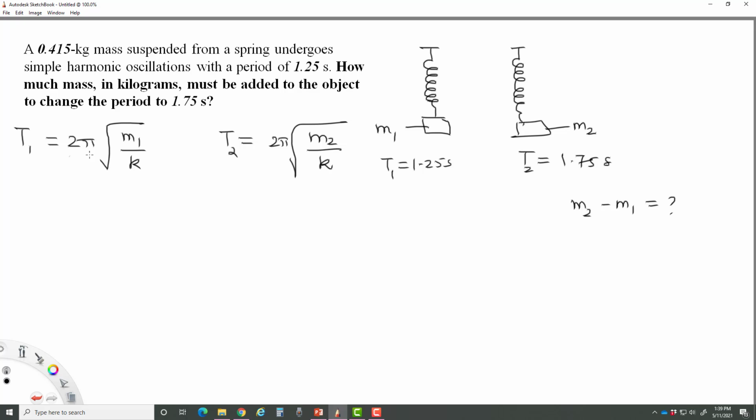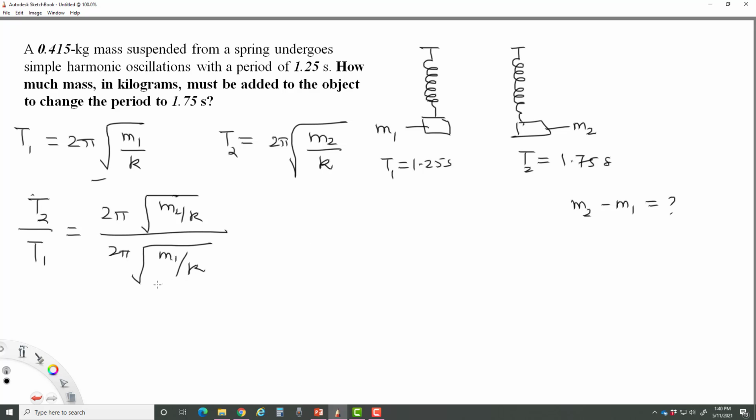We want to find m2, so let's divide the second equation by the first equation. So T2 over T1 is equal to 2 pi square root of m2 over k, over 2 pi square root of m1 over k.